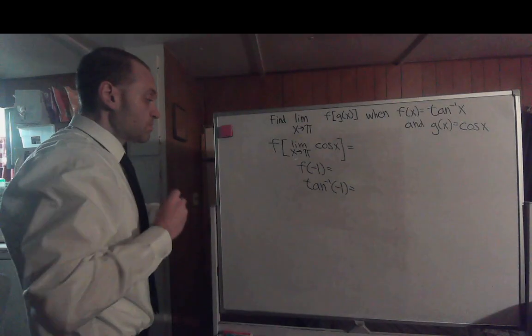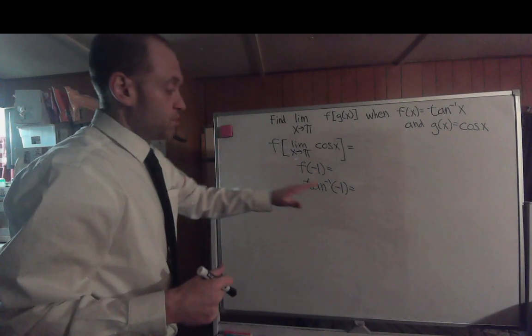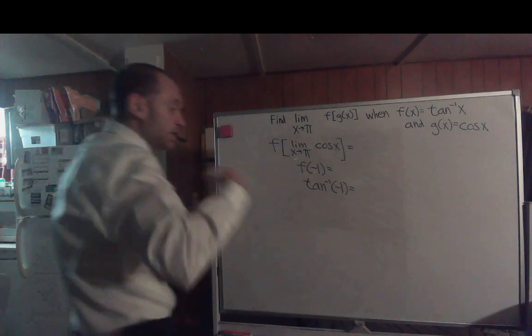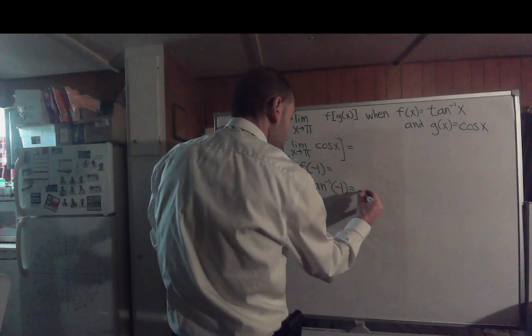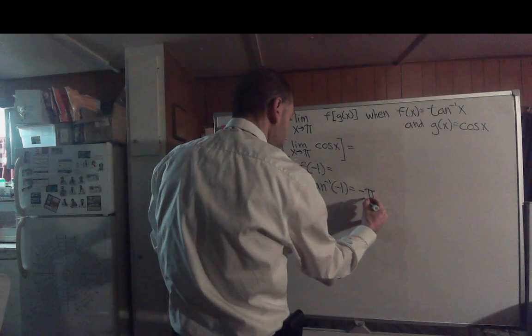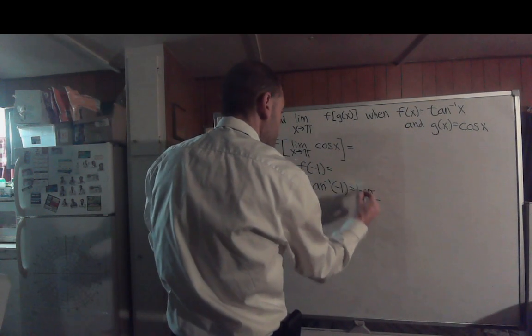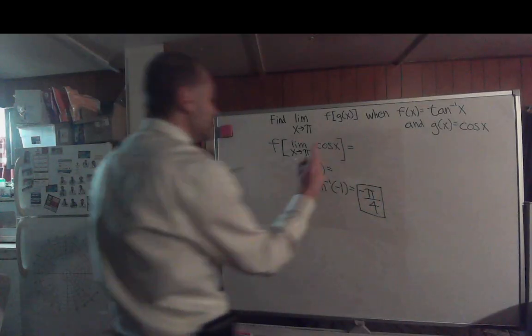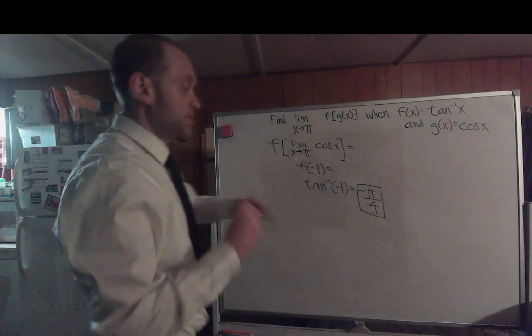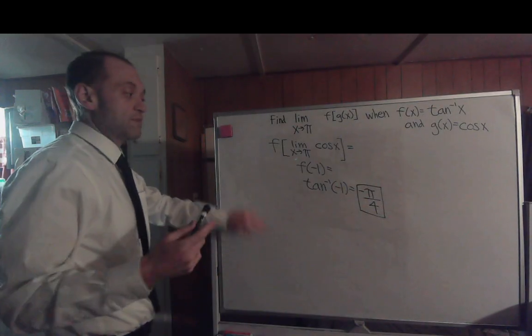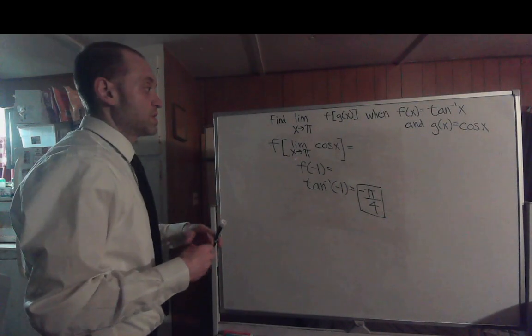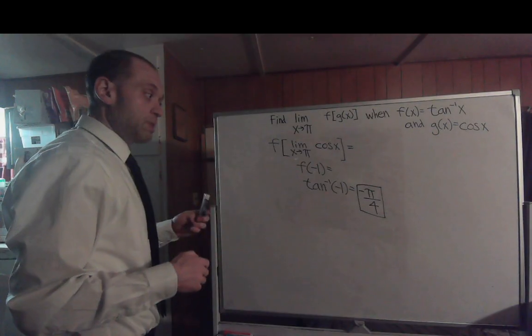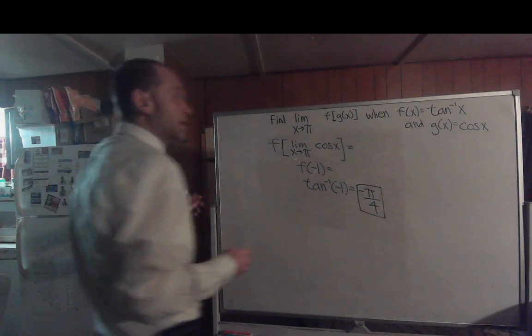And we know then we should end up getting a value of -pi/4. So you should end up getting a limit of -pi/4 using the shortcut method for that inverse tangent function. So yes, that's a very neat trick.